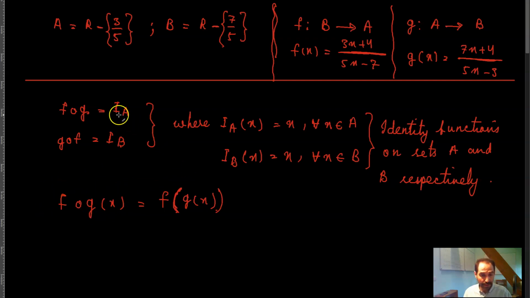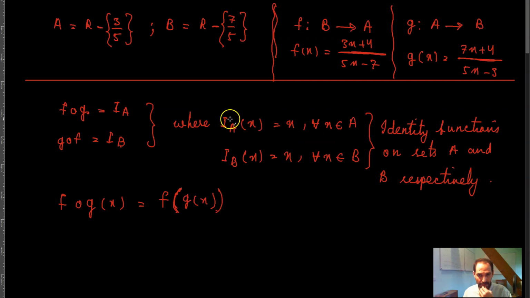Now here what they're saying is that f of g of x is equal to I of a, and I of a of x is equal to x. That gives you x for every x belonging to A, right? So I of a of x is equal to x.